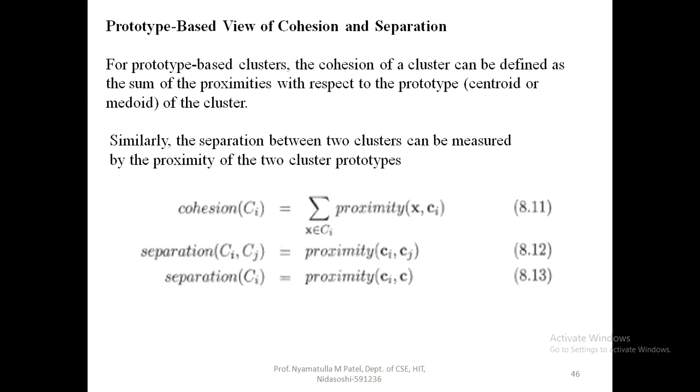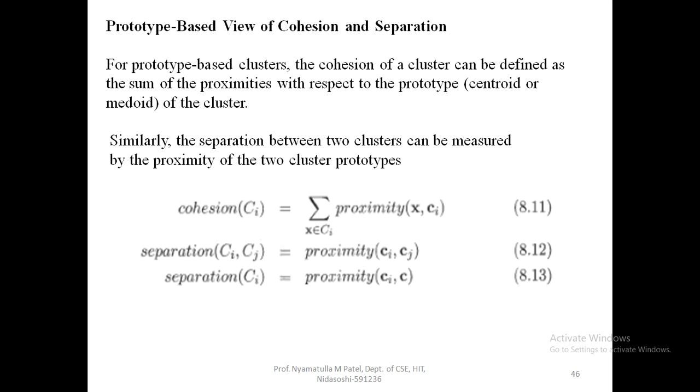Then coming to the other method: one is the graph based method, another is the prototype based view of cohesion and separation. For prototype based clusters, the cohesion of a cluster can be defined as the sum of the proximities with respect to the prototype, the centroid or the medoid of the cluster. So, what prototype are we considering? We are considering the centroid or medoid of a cluster.